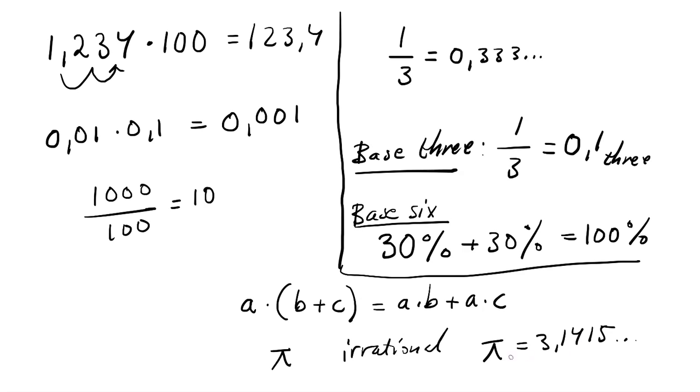But in other bases, it will be other digits. If you were working in base 6, it wouldn't be 3, 1, 4, it would be some other digits. But still, it will be infinitely many digits and no sequence that will repeat itself. So sometimes some things change when you change bases, but other things do not change.